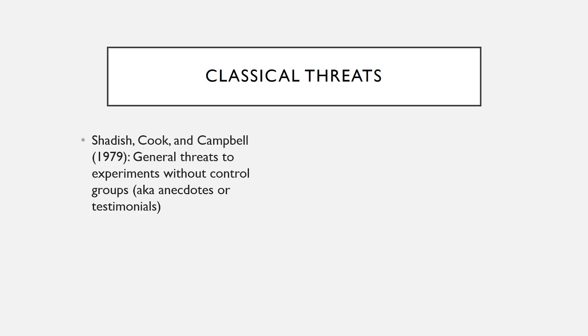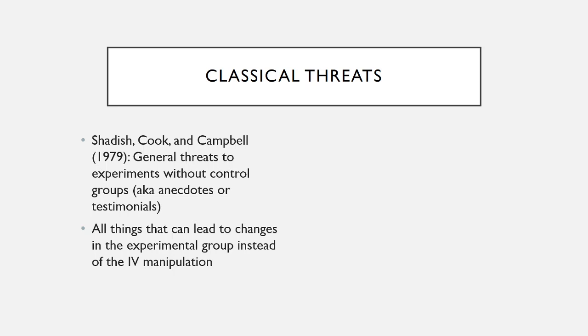So things like not trusting anecdotes or testimonials, failure to have a baseline control group, these are the really basic failures of maintaining internal validity that we definitely want to seek to avoid. So this is meant to encompass all things that could lead to changes in the experimental group instead of the actual core independent variable that you're trying to change.